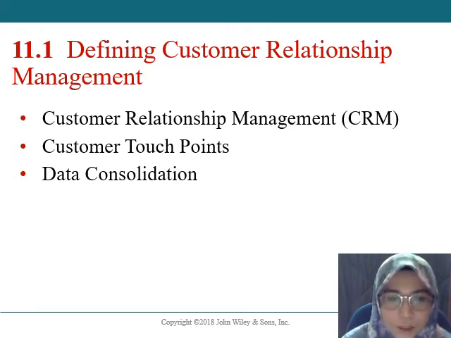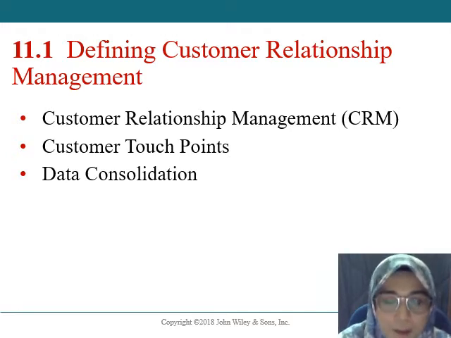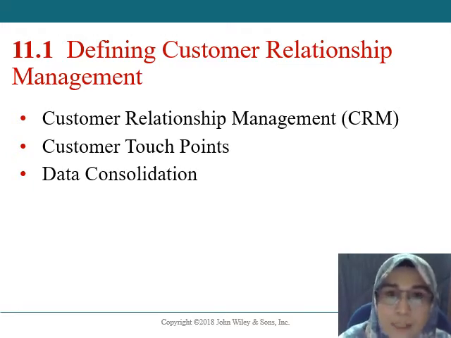So untuk customer touch point, customer's touch point is actually the numerous and diverse interaction organisation have with their customer, include for example macam telephone contact, direct mailings, and also actual physical interaction.